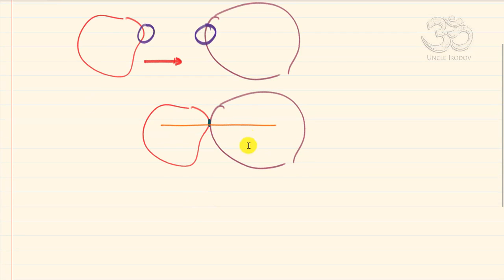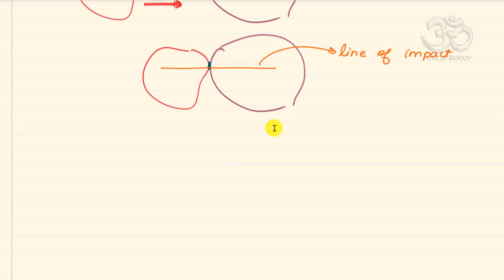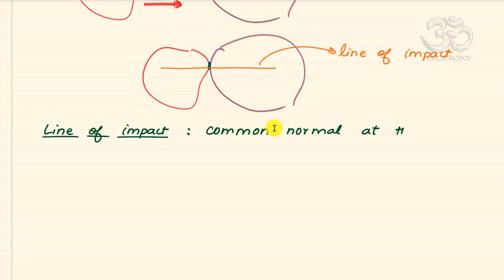So keep in mind that this is the line of impact. That's the line along which impact happens. This is the common normal at the point of contact.